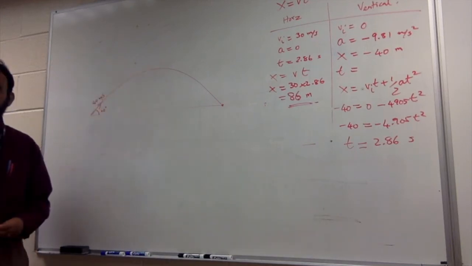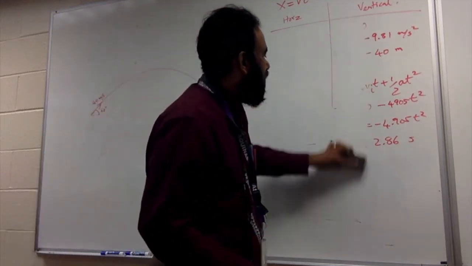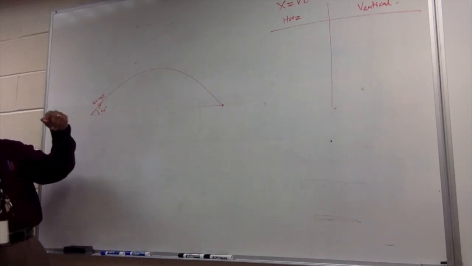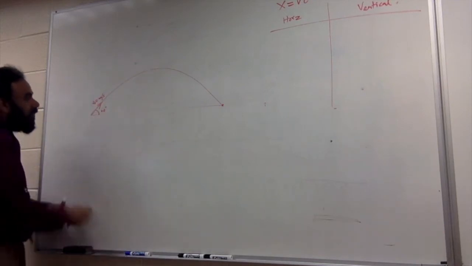What you do first in this one is resolve the velocity into two components. Because when I say I'm throwing at 40 meters per second that way, I'm throwing with two velocities. What is the horizontal component?